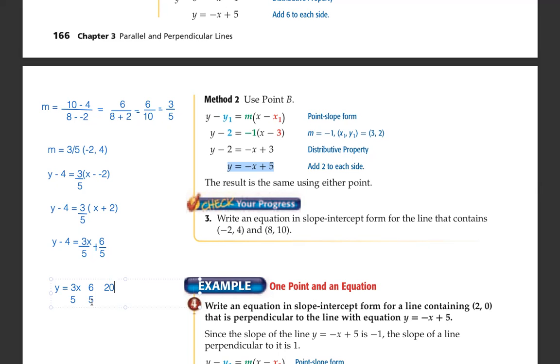It will become 20 over 5, because 20 divided by 5 is 4.